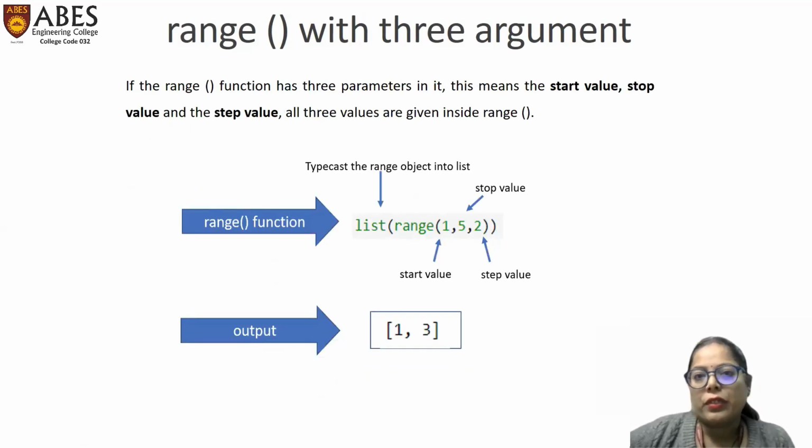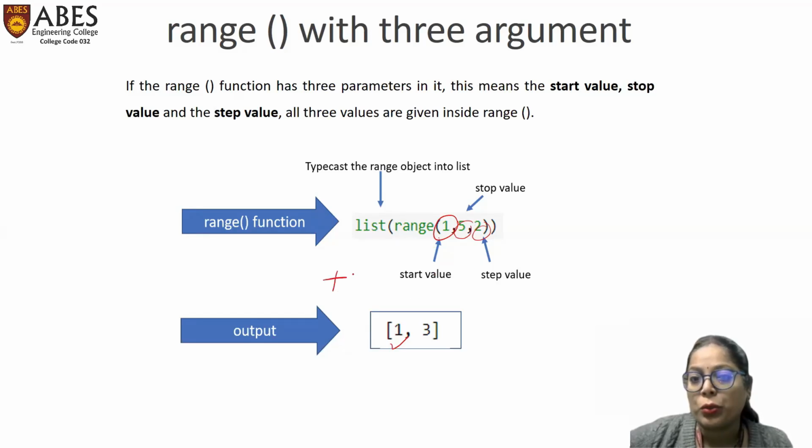Now, if the range function has three parameters, that is definitely your start value, stop value, and step value. Here you can see that we are starting from 1, the stop value is 5, and the step value is 2. It starts from 1 because we have mentioned to start from 1, and it is incrementing by 2.